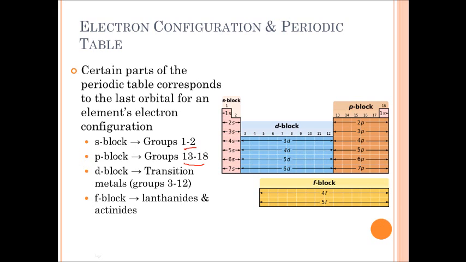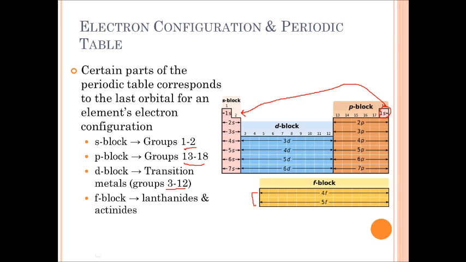The only exception is helium, which should really be included in group 2, so it ends with 1s2. The transition metals, which are groups 3 through 12, are what we call our d block, and they're a little bit shorter than the other two. And then our f block is the lanthanides and actinides, and those are the ones that are pulled out from the periodic table on the bottom.